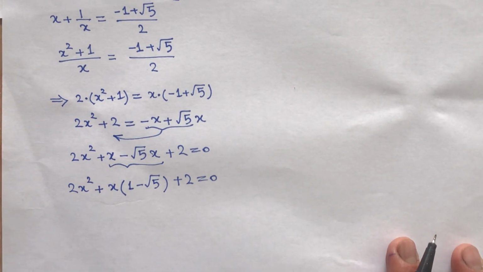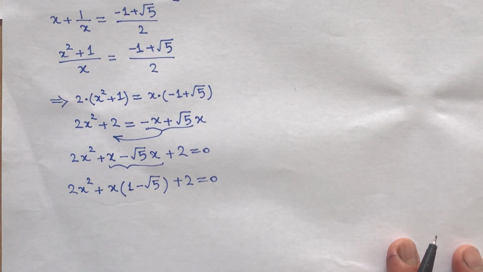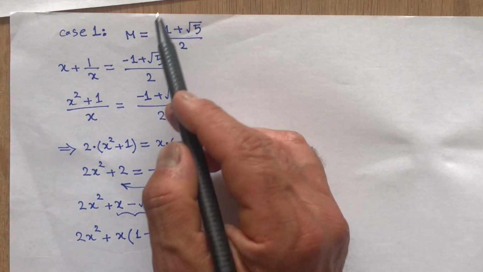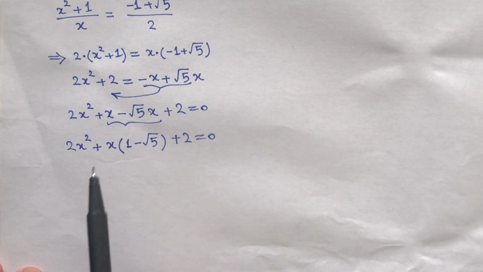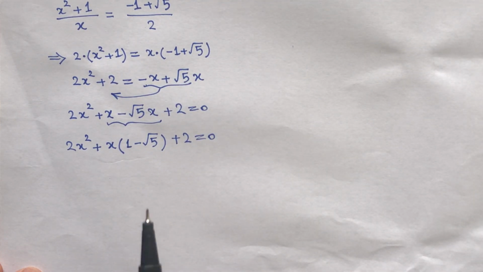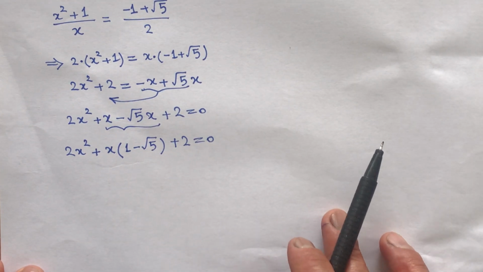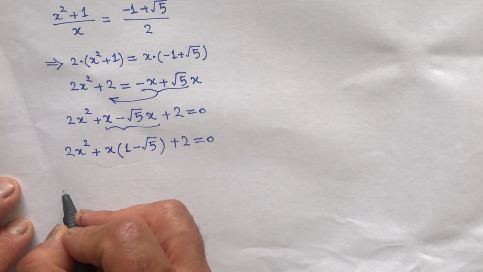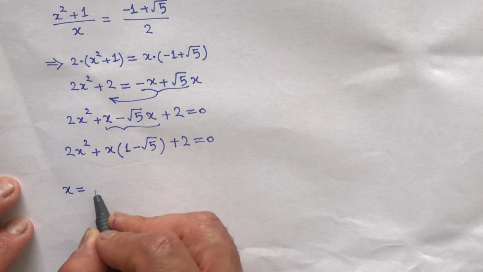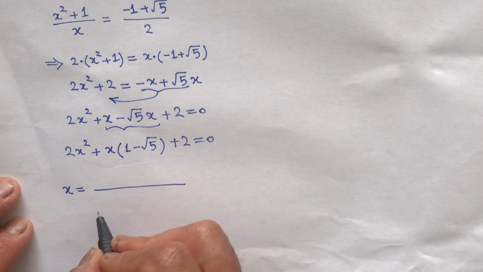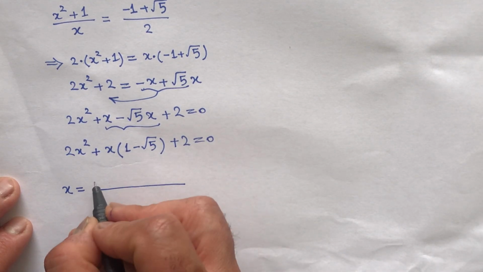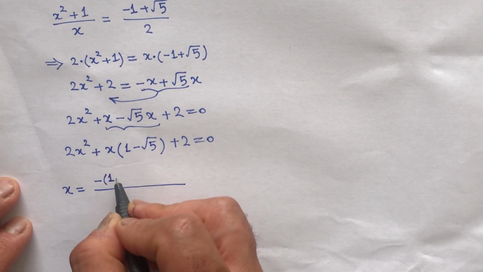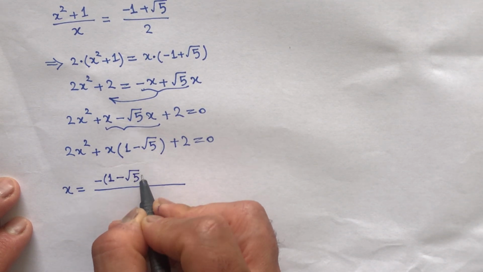So for case 1 with this value, I have two roots of x. To solve for x, I can evaluate it here. X equals to minus b, minus this term, so it's minus 1 minus square root of 5.